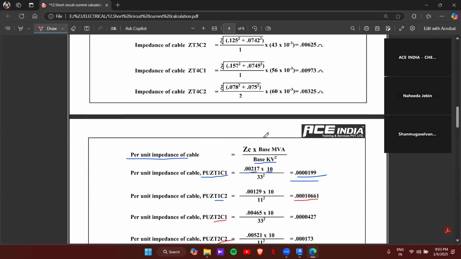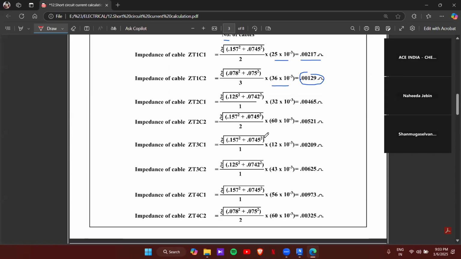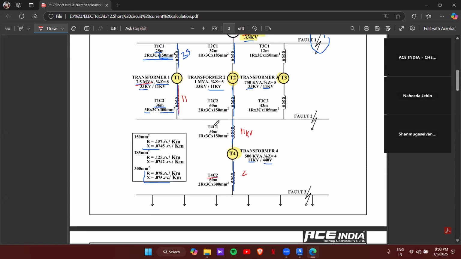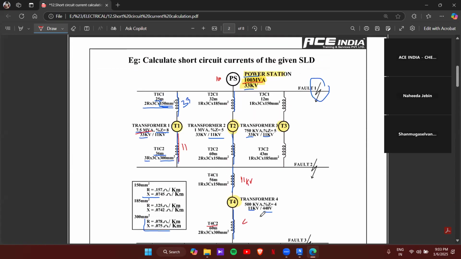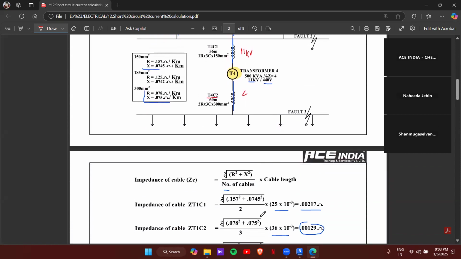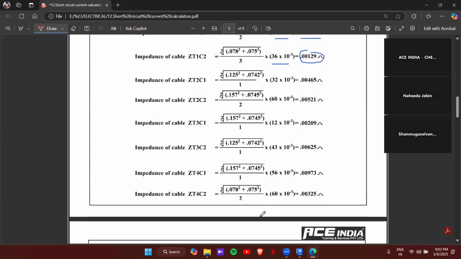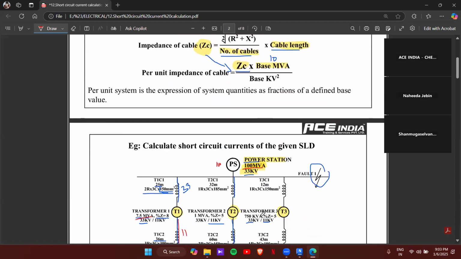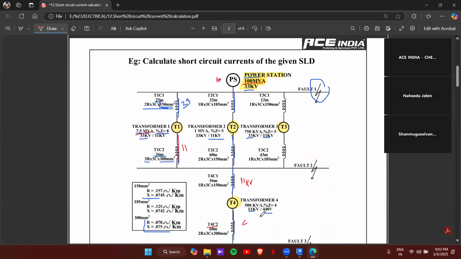Actually, the equation is a bit lengthy, but the concept is very simple. There are many repetitions here because we have 8 cables and 4 circuits. That's why we are repeatedly doing the three. So I hope the idea is clear. Any doubt in this one?